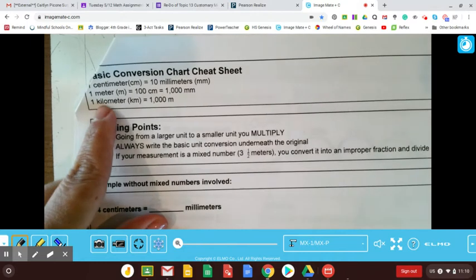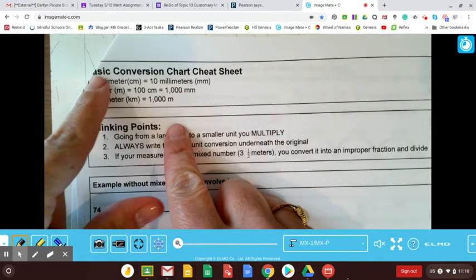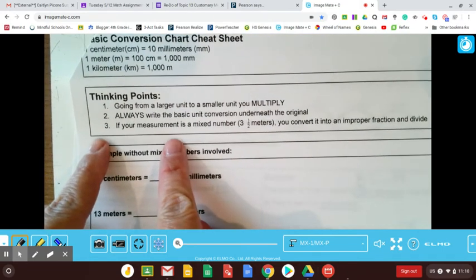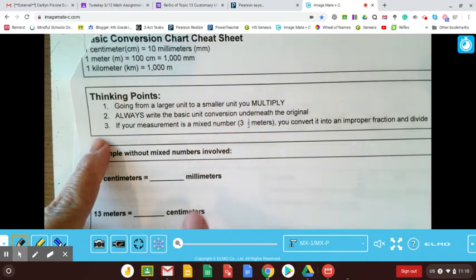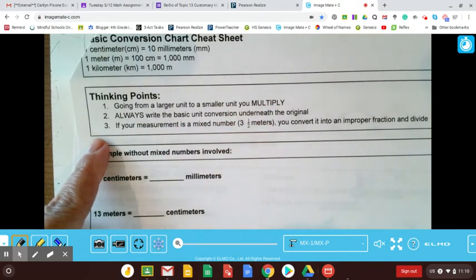Let's move on to the next page. Up at the top, we have our basic conversion chart cheat sheet, same thing as before. On the other side, we also have our thinking points. When we're going from a larger unit to a smaller unit, you multiply. Always write the basic conversion underneath the original.